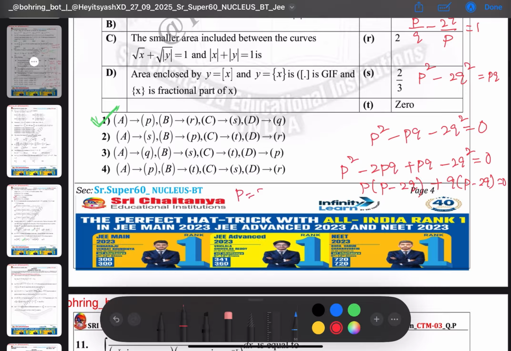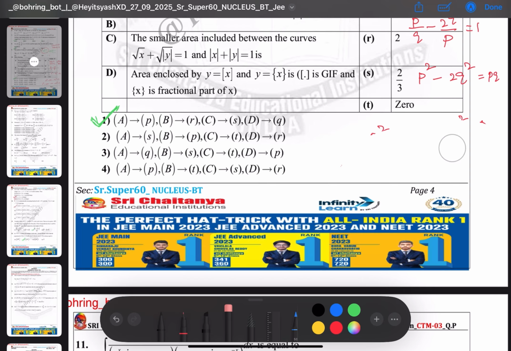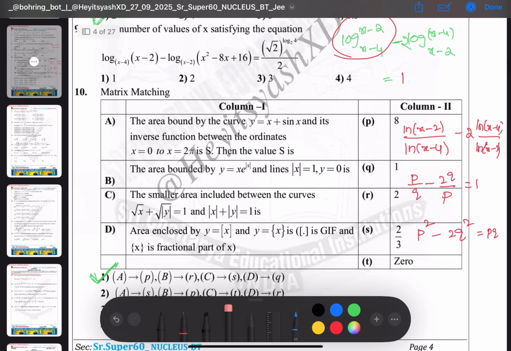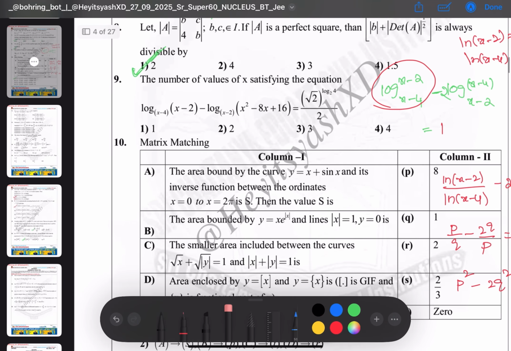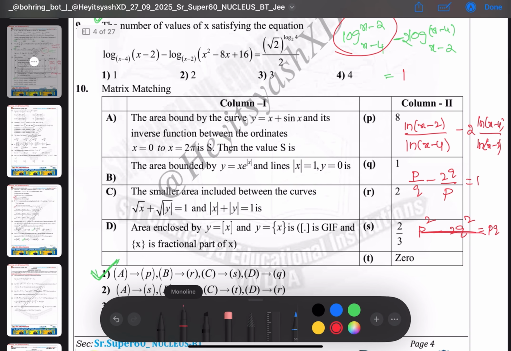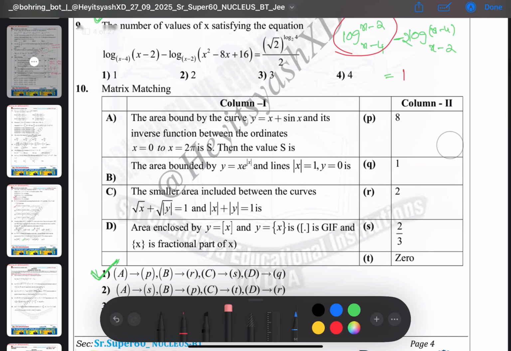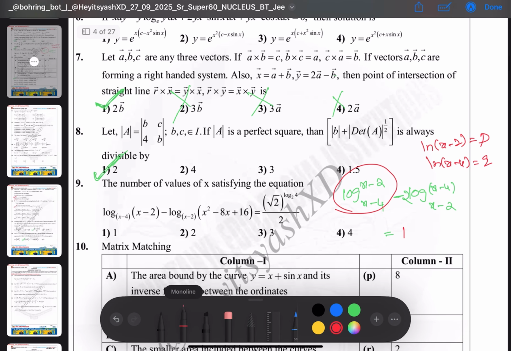So p is equal to 2q or p is equal to minus q. This is what we got.